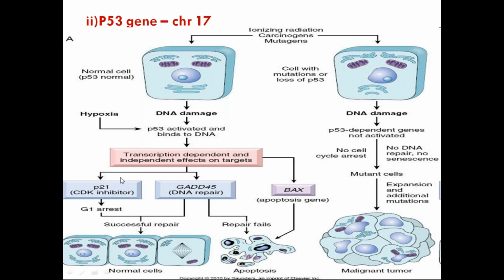Once the cell cycle stops, it activates GADD45, growth arrest DNA damage gene, which repairs the damaged DNA. If this fails, it activates the apoptotic gene, which causes programmed death of that cell with the abnormal DNA.